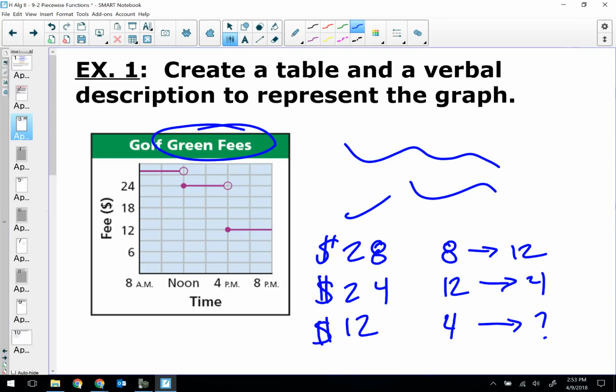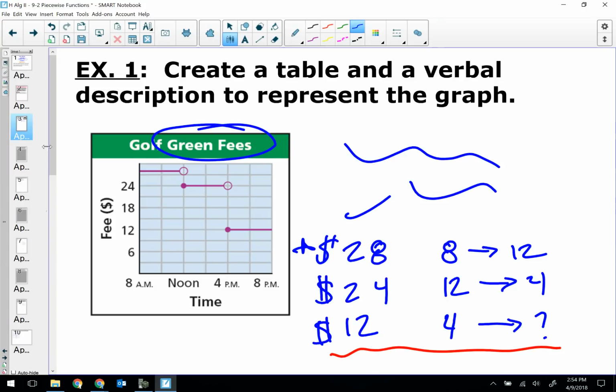So from 4 on, they just knock the price down a lot to entice the cheapskates to go golfing. I like to go golfing during this time period because I'm a cheapie. But if I'm going out to have a nice day with my friends, we plan it early, we pick a day, and we plan to do stuff later in the day. Yeah, sure, I'll pay the extra money and go out early.